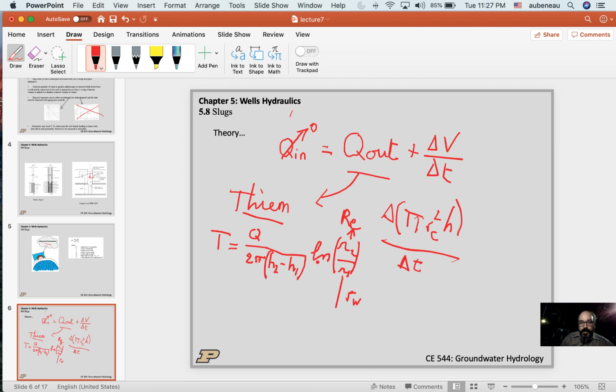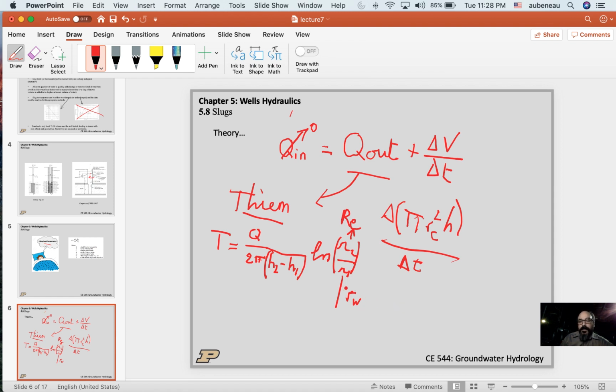So if we count this first distance as just the radius of the well, now we have the effective radius, or the radius of influence, if you will. The radius of the well can be different from the casing, and I'll explain that again. We've seen in the previous slide the casing can be, say, a 6-inch well, but then if you have some gravel packed, now the actual effective diameter of the well is more, because you have that very loose material around.